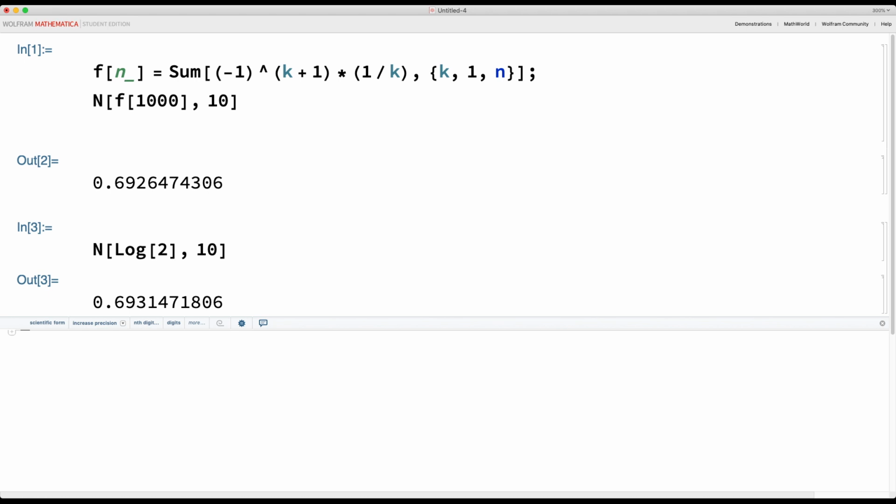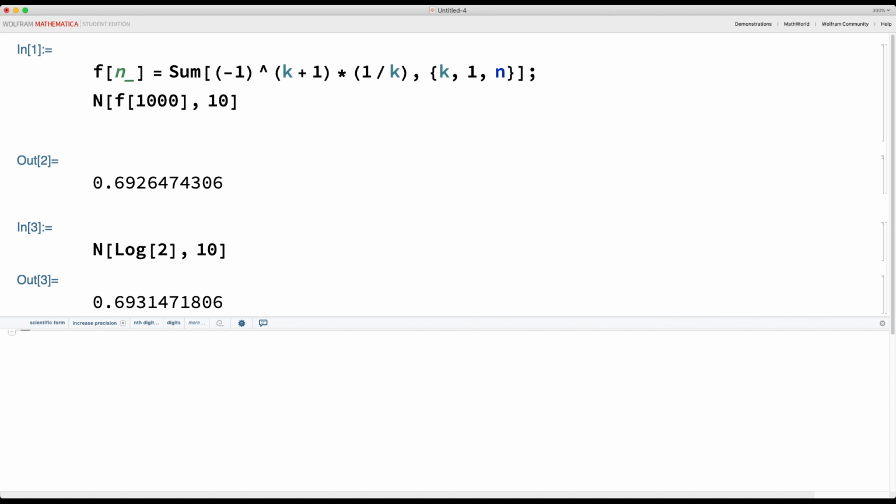So this converges, or seems to converge, by Mathematica experiment. Now I haven't proved that it converges, but I've gently hinted that it probably converges.